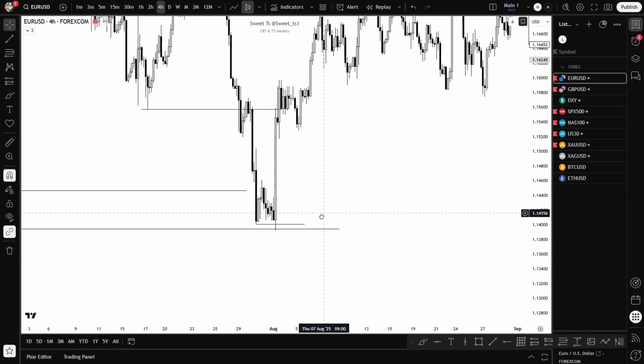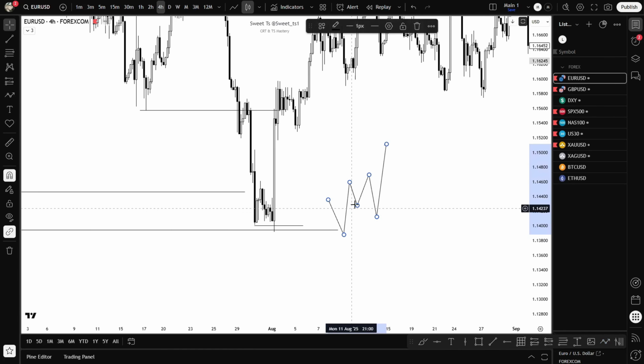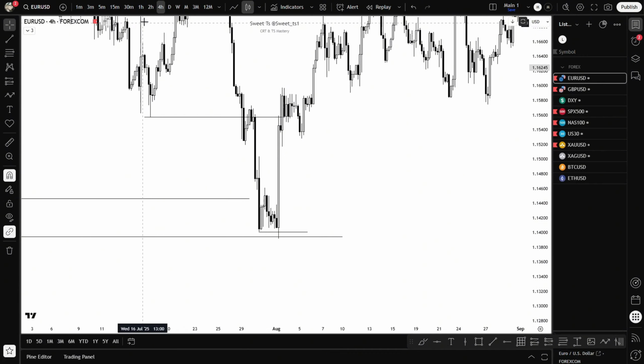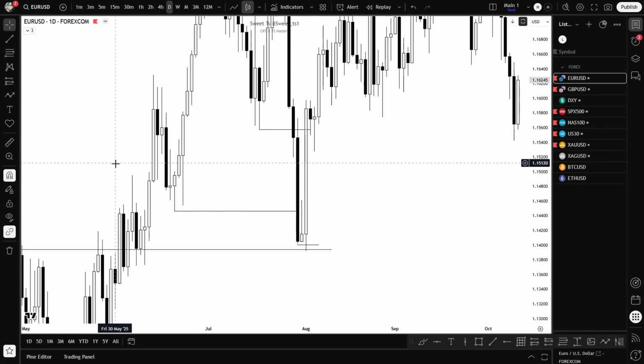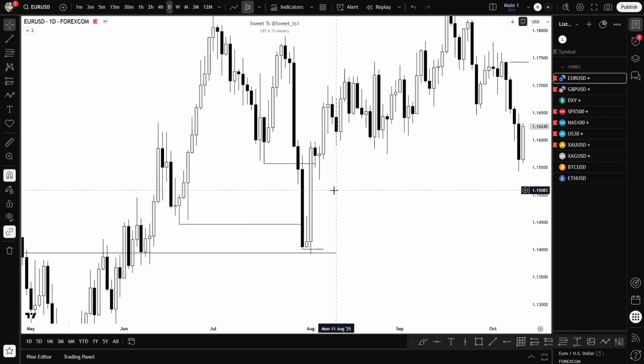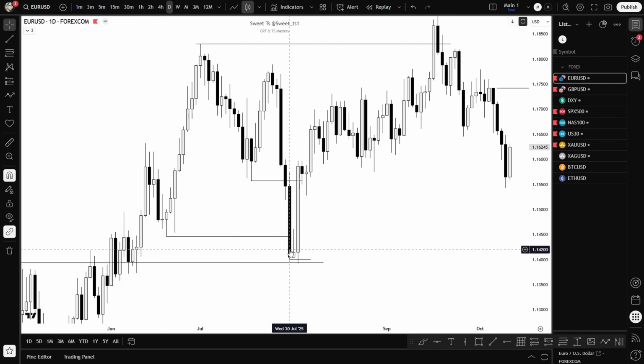Or the V shape that we talked about, right? The V shape. Anyways, so if we go to daily, right? The first idea of this reaction, the first idea is this is the low.